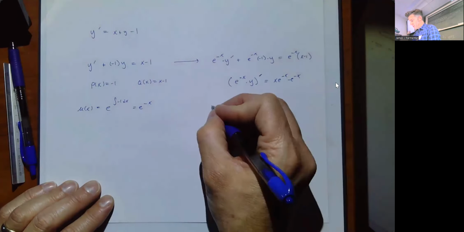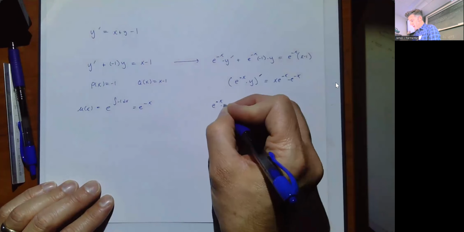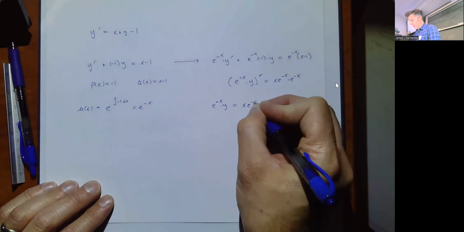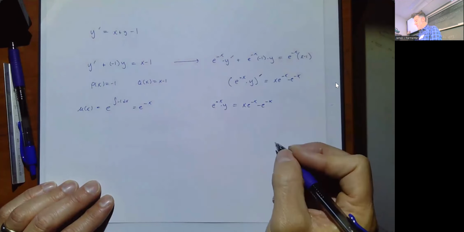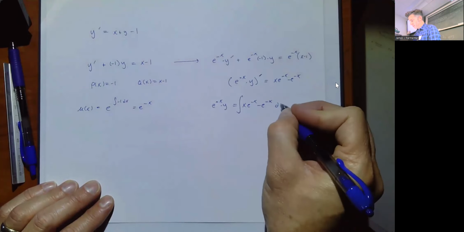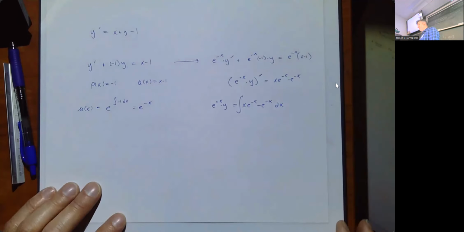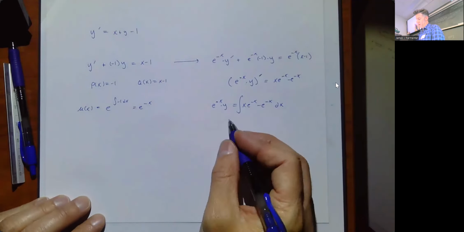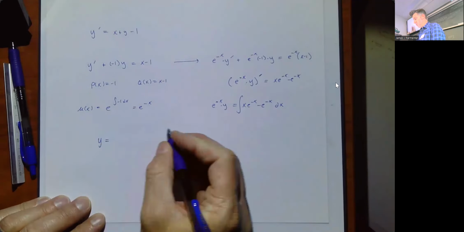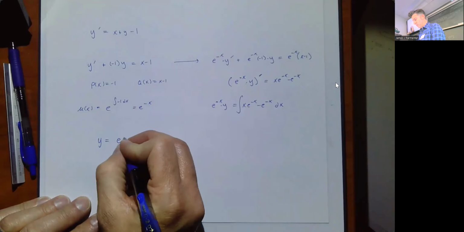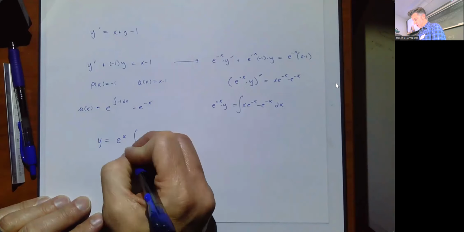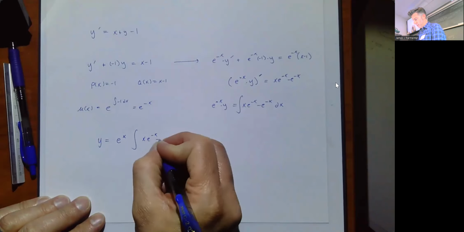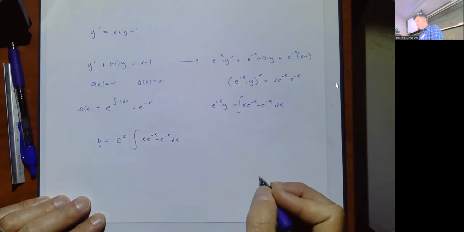Integrate both sides. E to the negative x times y equals the integral of x e to the negative x minus e to the negative x. And then you have to use integration by parts. Okay, fine. So we're going to get y equal to 1 over e to the negative x, which is e to the x, times the integral of x e to the negative x minus e to the negative x dx.